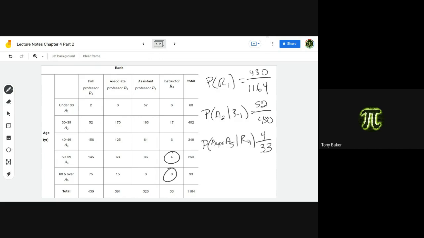Does that make sense? Conditional probability or the table? It's normally how you read it: A2 given R1.